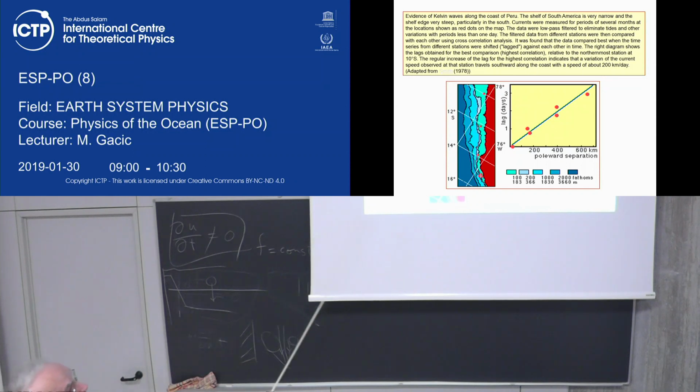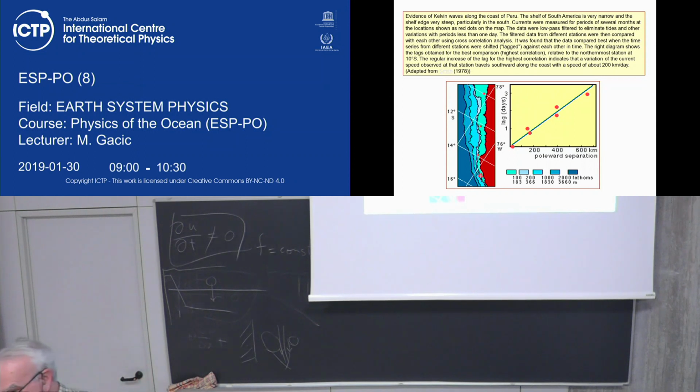So in order to obtain the signal, you have to filter out the short time scale oscillations, mainly the tides. The tides are pretty easily eliminated, because they are sinusoidal, they are harmonic functions.